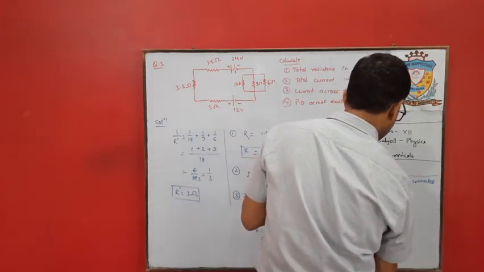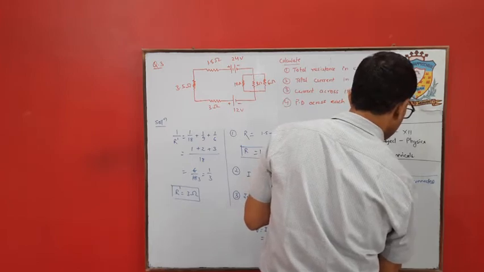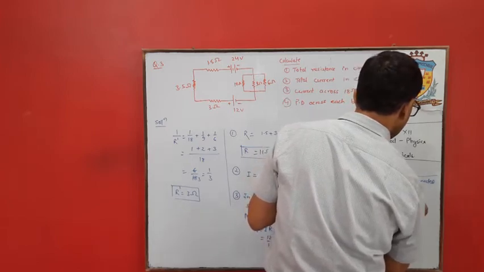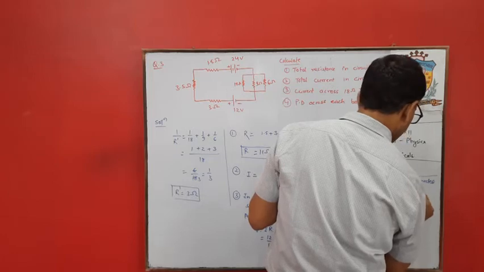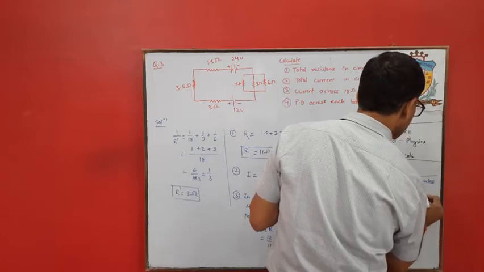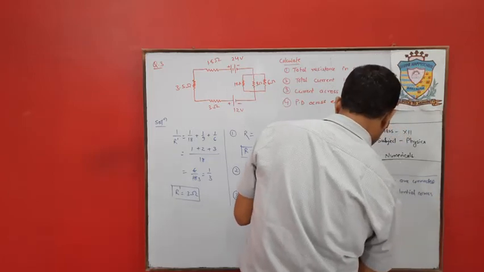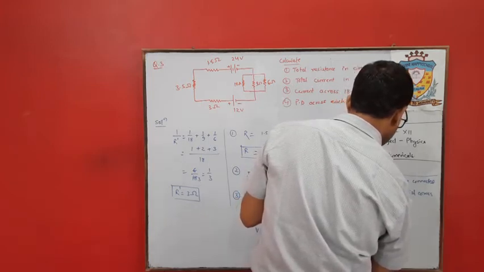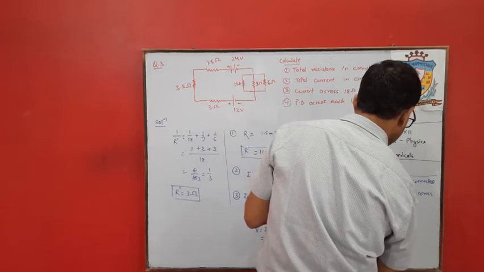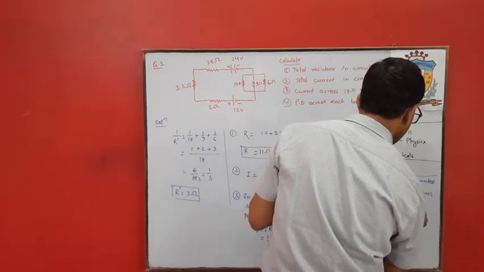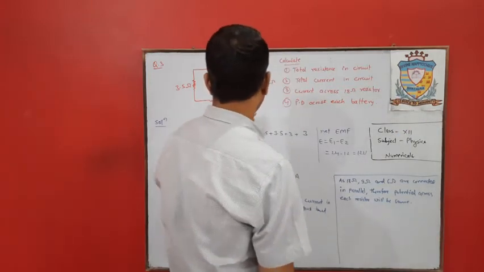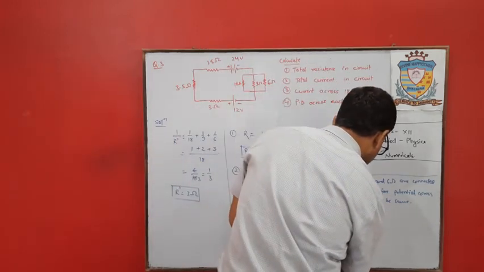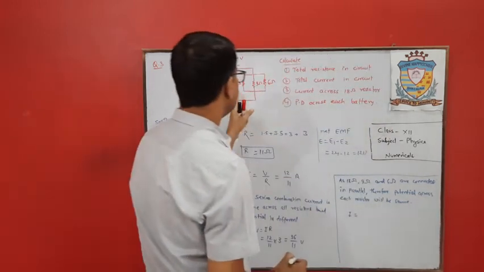Therefore, the potential across each resistor will be the same.